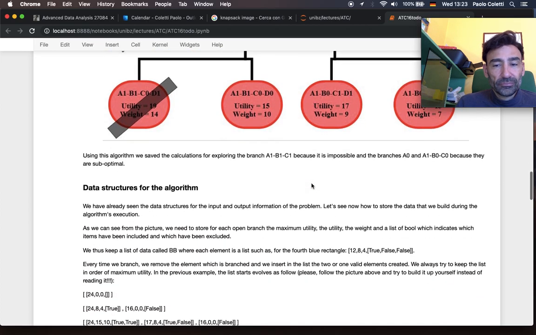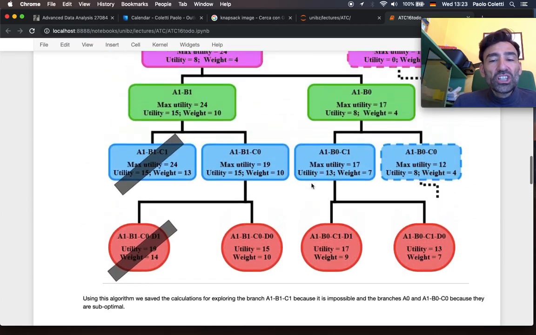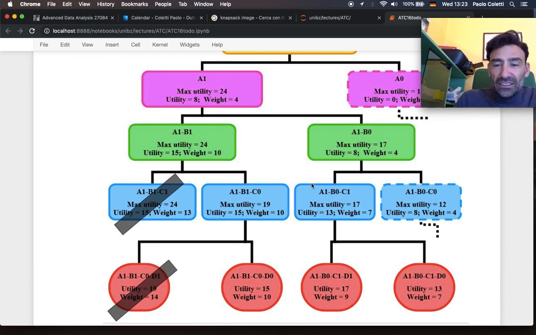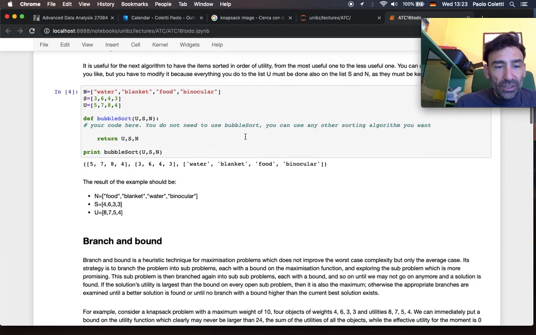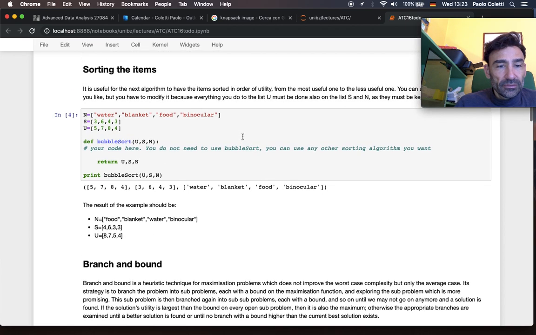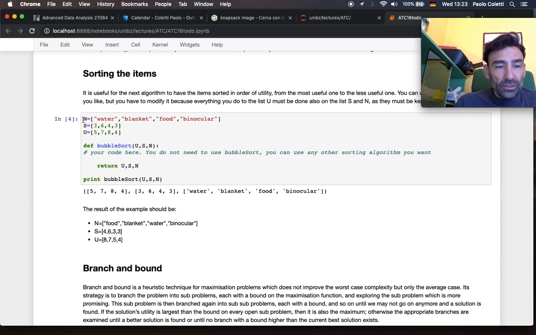So, do we need any other data structure? Well, we have a data structure in which we will store the name of the items, the size, the utility.